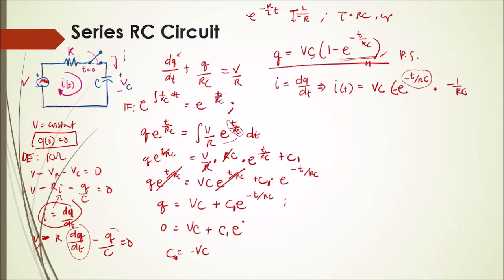So the C is eliminated. Okay, so simplify this, remove this C here. What's left is a negative times negative is positive, so our I of t actually is equal to V over R times e to the negative t over RC. So this is our equation of the current in a series circuit.